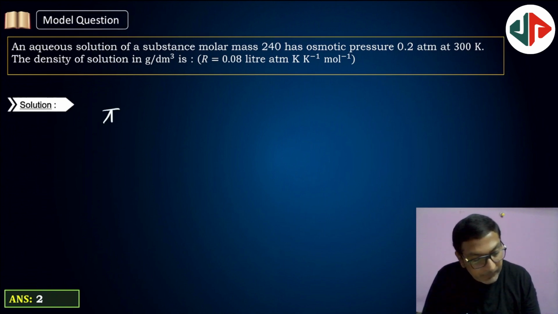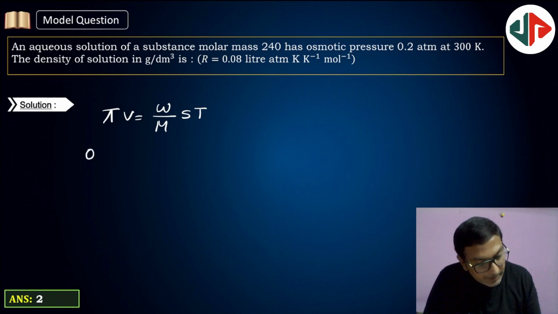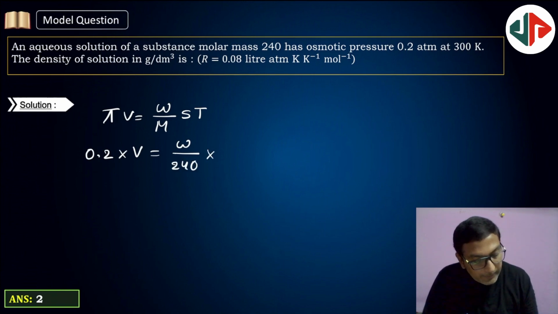Osmotic pressure, so pi V equal to W by M into ST. So osmotic pressure 0.2. Next, volume, we should find weight by volume density. So M 240 into S value 0.08 into temperature 300.